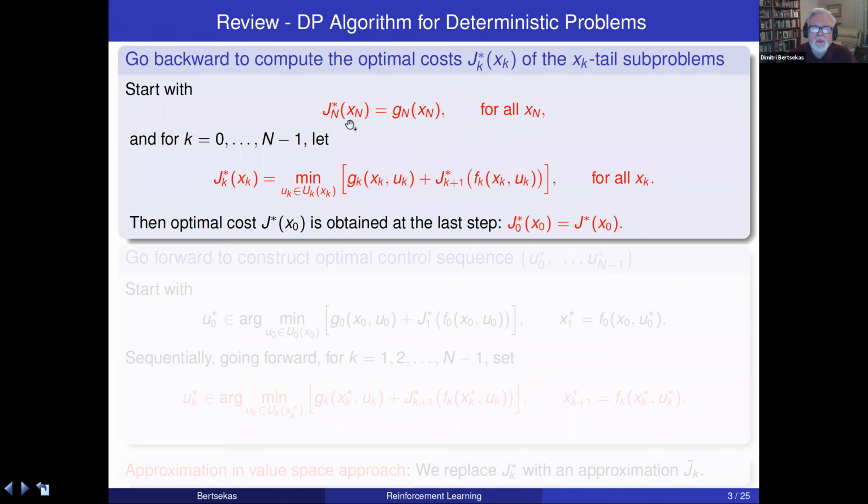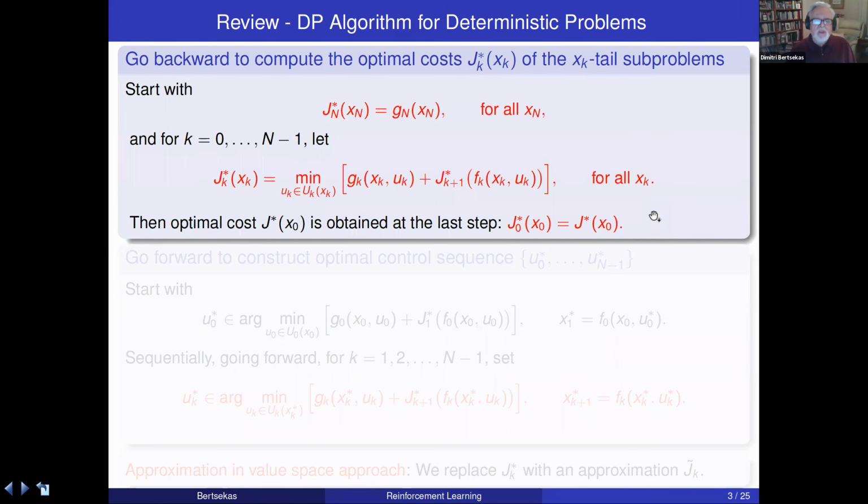So we go backwards from Jn star, we go to Jn minus 1 star for all states, then Jn minus 2 star, and so on, up until we get to J0 star of x0, which is the optimal cost that we're looking for, and we justify this by the principle of optimality.